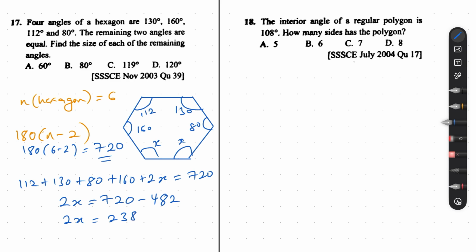Now we can just divide both sides by 2, and then we have X equal to 119. Do you have that? Yes, which is C.